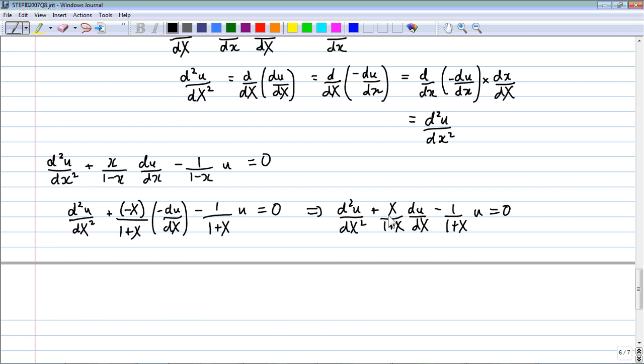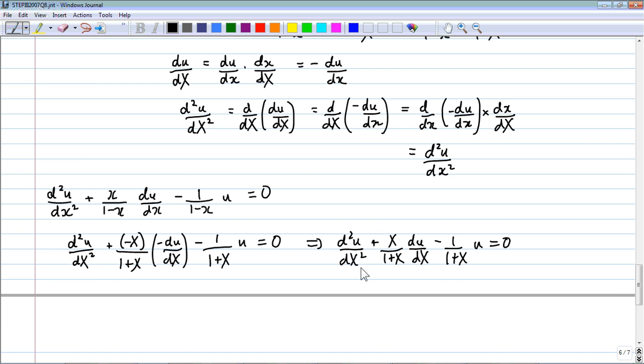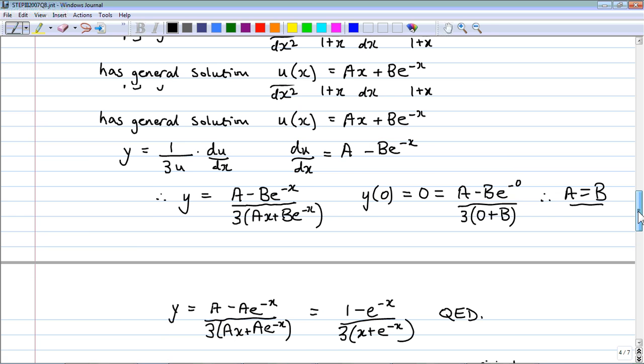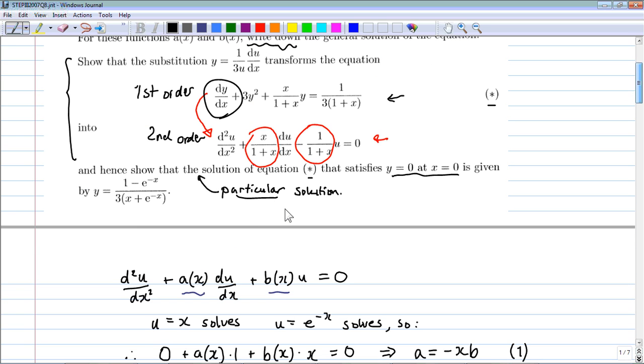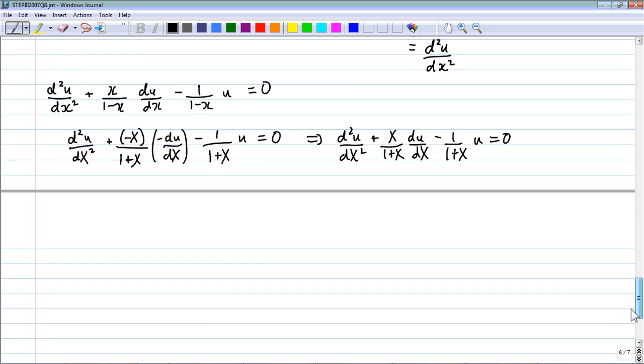So finally here we have exactly the same form. If you observe carefully, that's exactly the same form as the original equation here, and therefore we already know the solution.